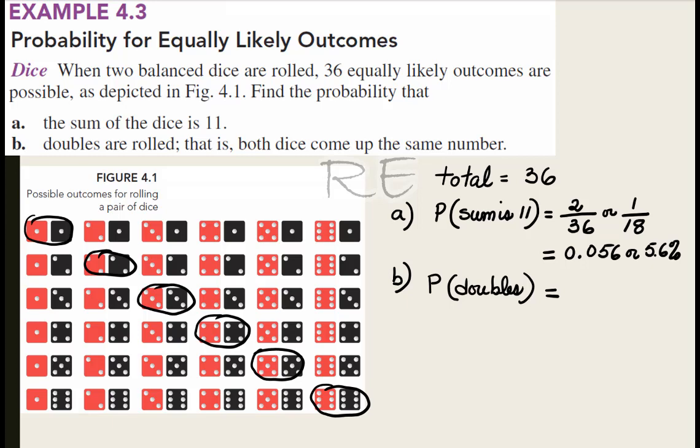Altogether, we have 6 doubles. So it's 6 divided by 36. When we divide by 6, we get 1/6. And 1/6 as a decimal is 0.166666. So we round it to 0.167, so it's 16.7%.